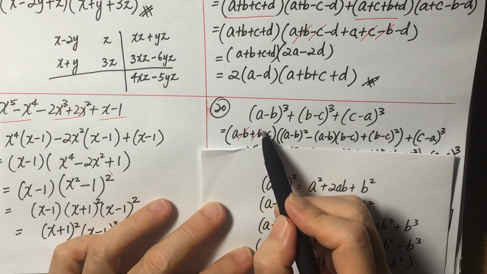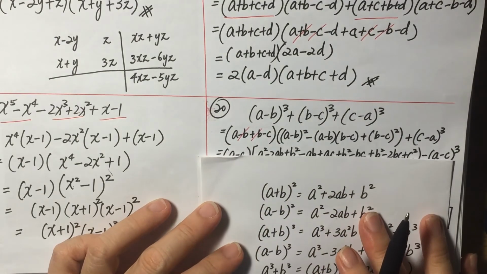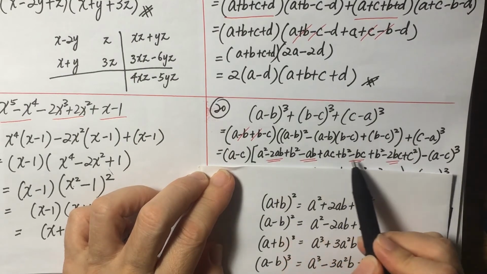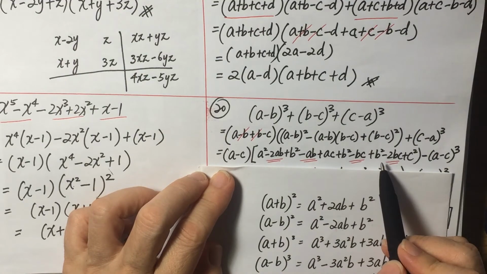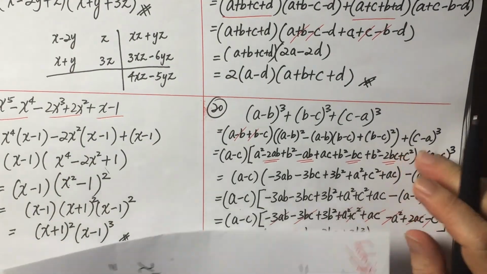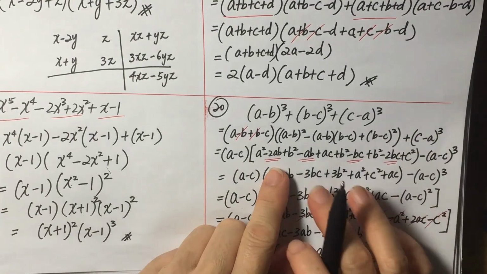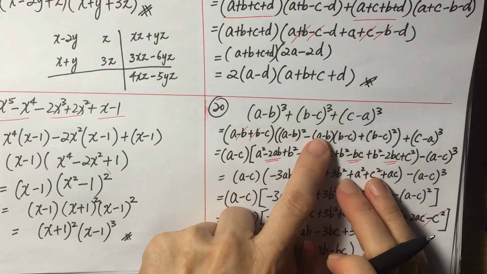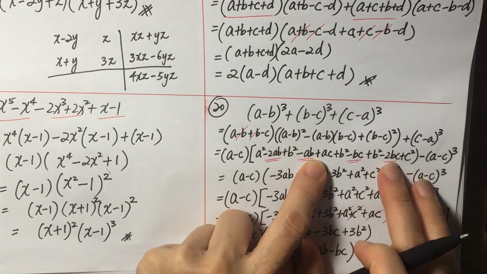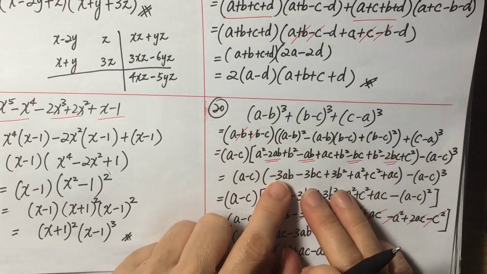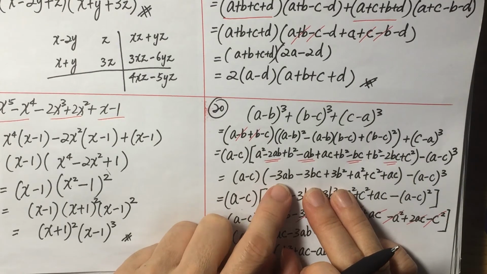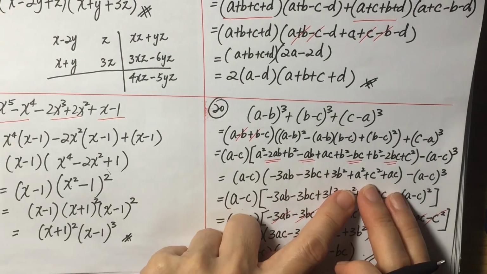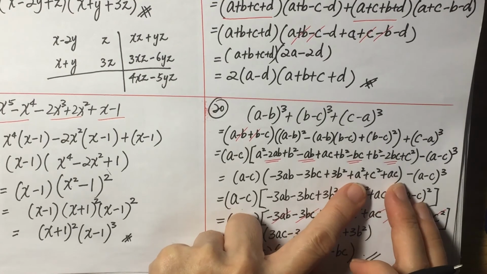Okay, then this, there's a b, there's a negative b, cancel out, so you have a minus c. And then for this whole thing here, we will expand and see whether there's any like terms to simplify or not. Okay, so we have this one expand out, perfect square. This one expand out, and then this one also another perfect square. So all these here, we try to simplify into negative 3ab minus 3bc plus 3b squared plus a squared plus c squared plus ac.